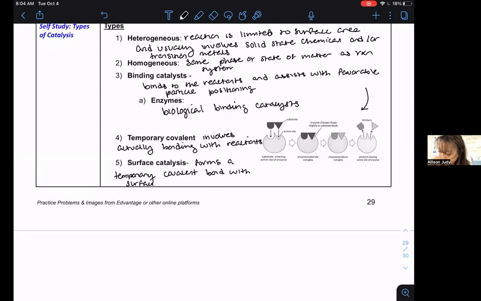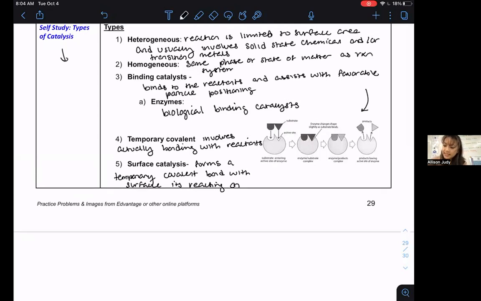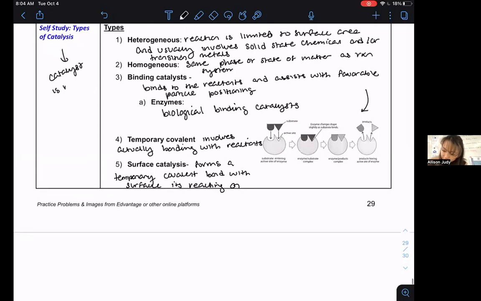So whatever material you're reacting on, with the surface it's reacting on. Okay, all of these, don't forget catalysis, a catalyst is regenerated, temporarily consumed, but regenerated.